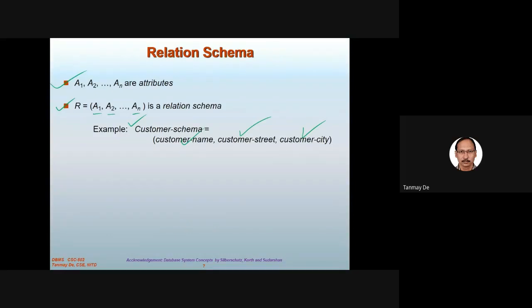Is it done? I have already discussed this in my beginning class. So here R is the schema, the customer schema. Basically, think of it like a structure. What is in the customer schema? The customer name attribute is there, customer street is there, and customer city is there.